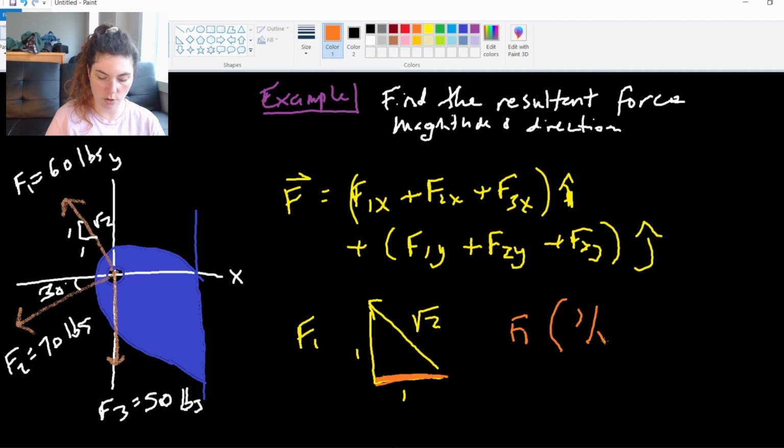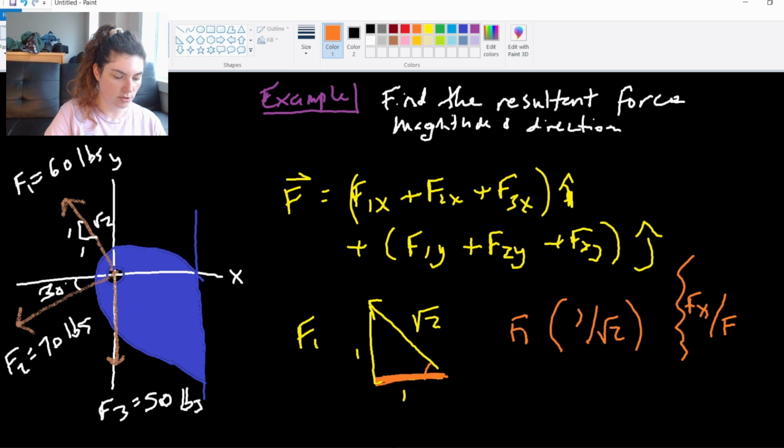So that's 1 over square root of 2, which is the same that we would get from doing sine, tangent, cosine. This angle is the relationship. 1 over square root of 2 is the relationship of the x component of the vector to the vector itself. So this is the same as Fx over F. You can think about it that way. So our F1, all right, let me write this.